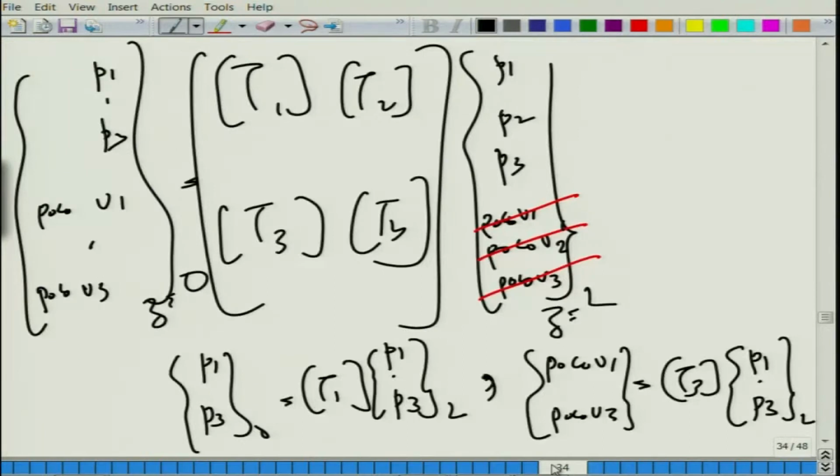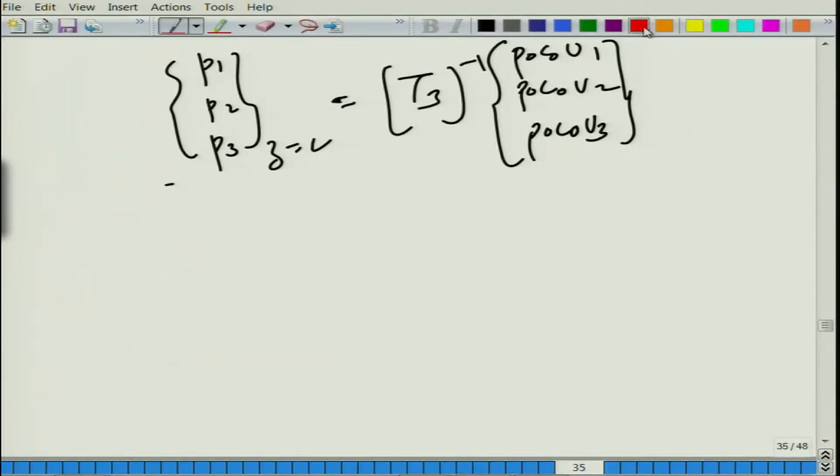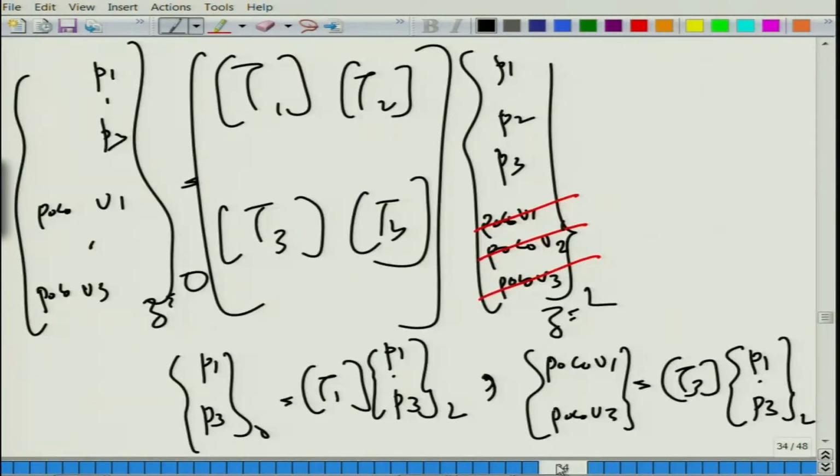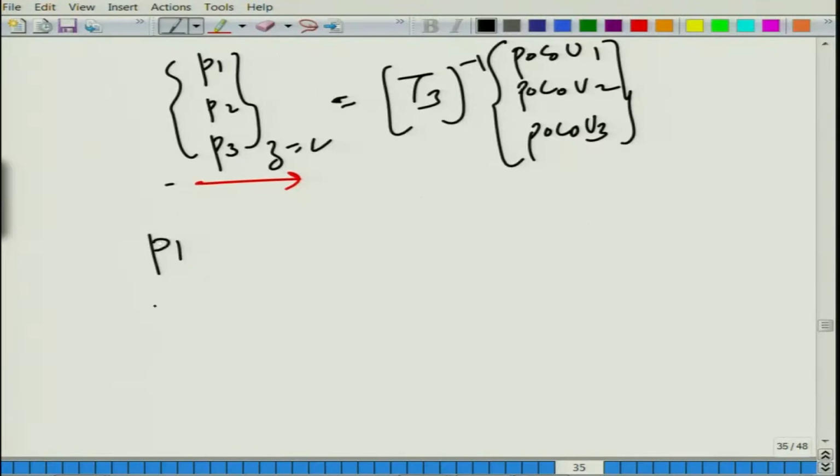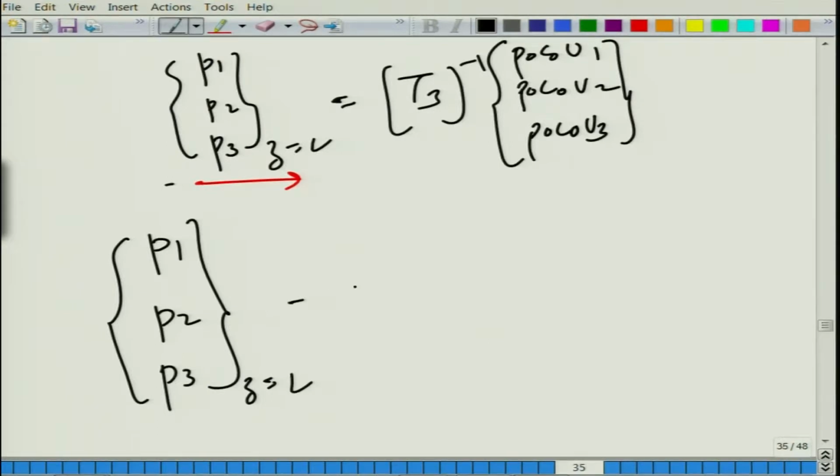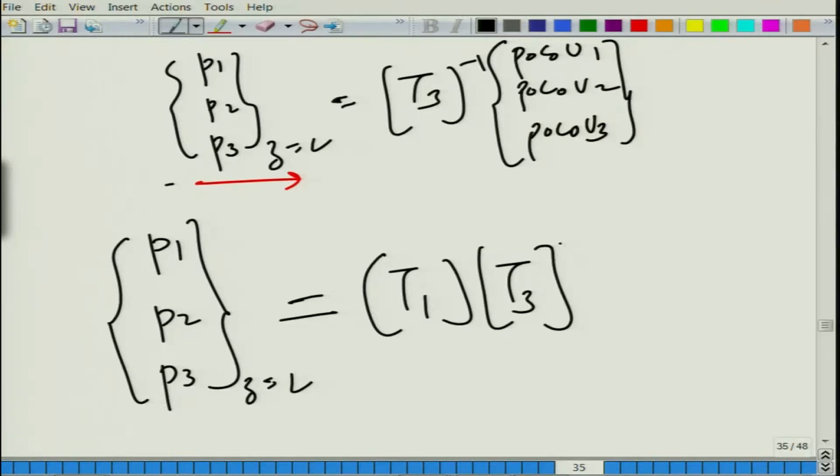Okay. And once we get that, we just need to put this here in terms of things here. So, this will become P1, P2, P3 at z equal to L is equal to T1, T3 inverse times rho naught C naught.